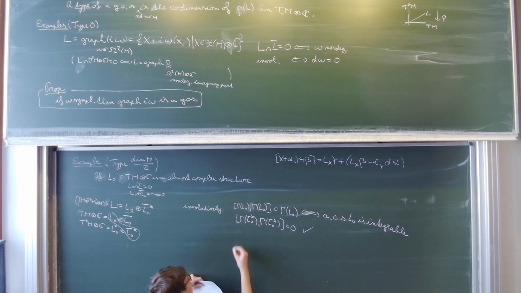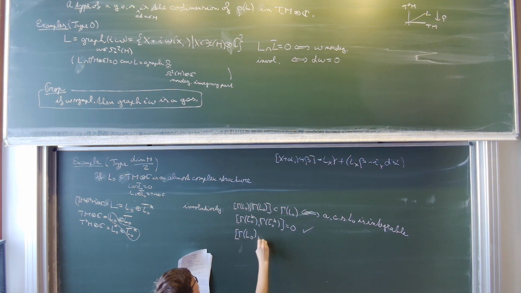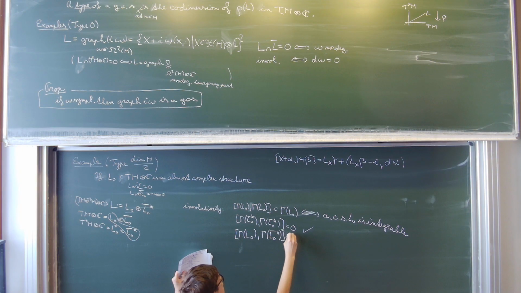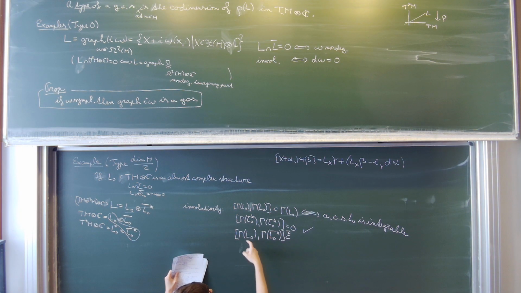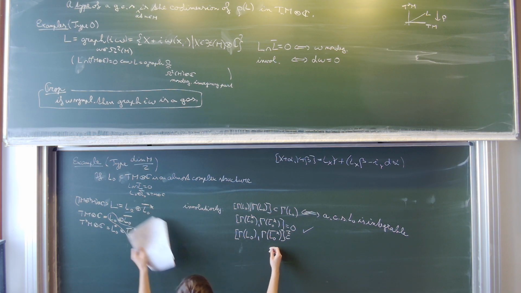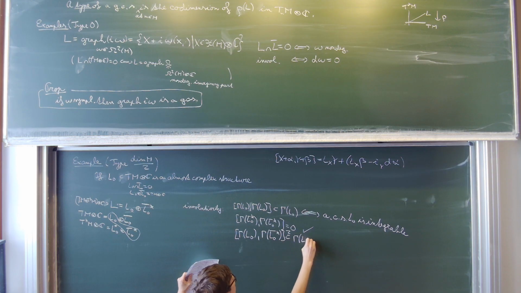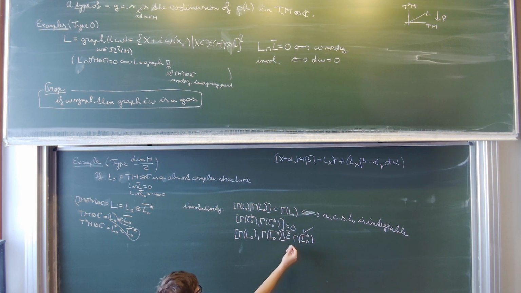And the only other condition that I get is if I have one guy from here and one guy from here, Gamma of L0 and Gamma of L0 bar star. This needs to be inside this thing, but I know that if I take a vector and I take a one form, then the result is a one form, so it needs to be in Gamma of L0 bar star.